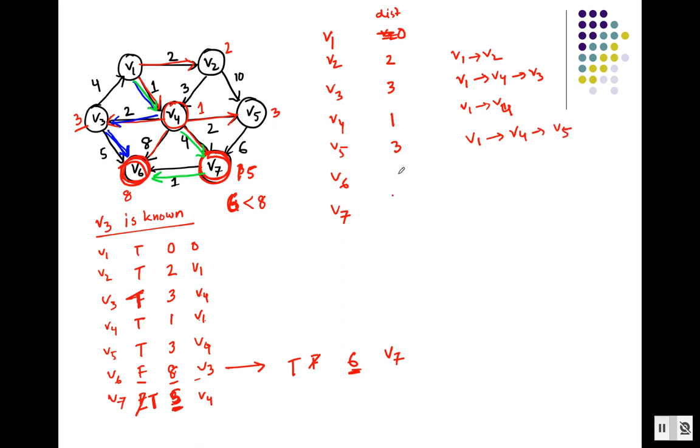For v6 the distance is 6, and the previous node is v7. I got to v7 from v4, and to v4 from v1. That means v1 to v4, v4 to v7, v7 to v6, and the distance of v7 is 5.